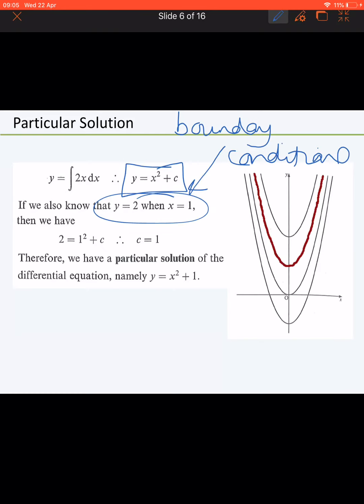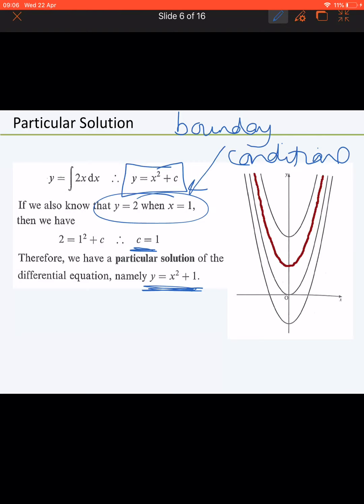Okay, and that would give us a value for c, which we can then sub into the expression to get our final equation. And because we know what c is, we would call that the particular solution. Okay, so the general solution is where you've still got the c in. The particular solution is when you then have the boundary conditions and you've subbed those in.